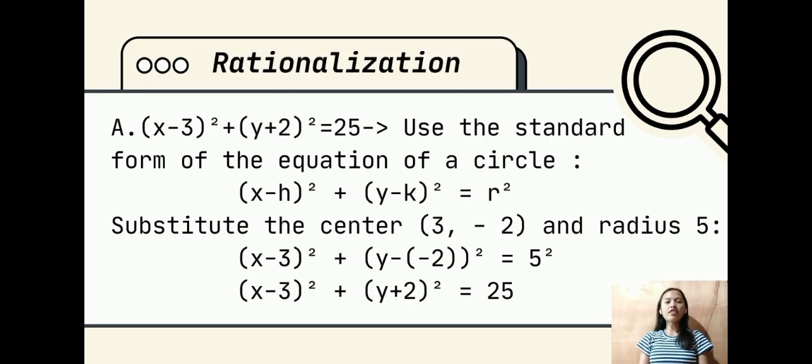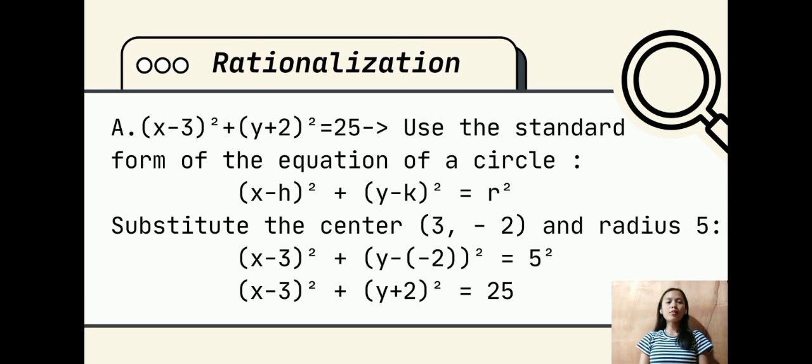The correct answer is letter A. Quantity of x minus 3 squared plus quantity of y plus 2 squared is equal to 25. Using the standard form of the equation of a circle, we have quantity of x minus h squared plus quantity of y minus k squared is equal to radius squared.